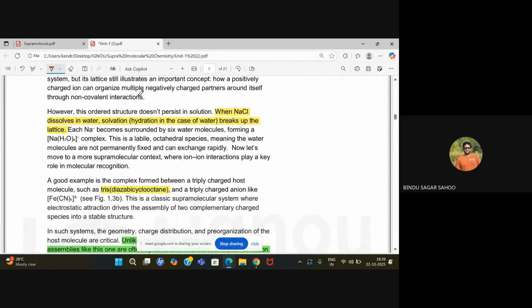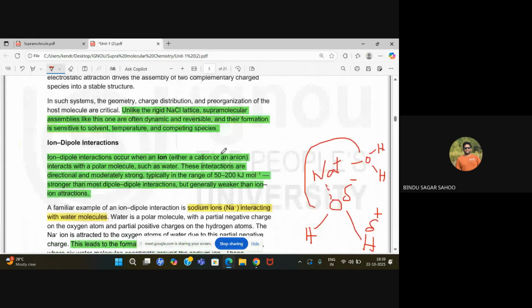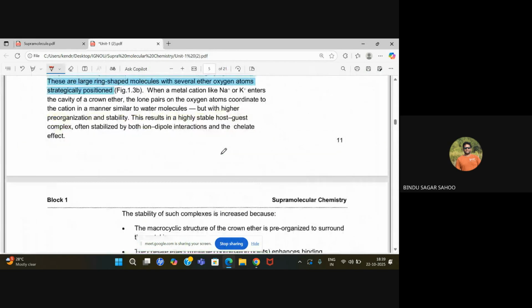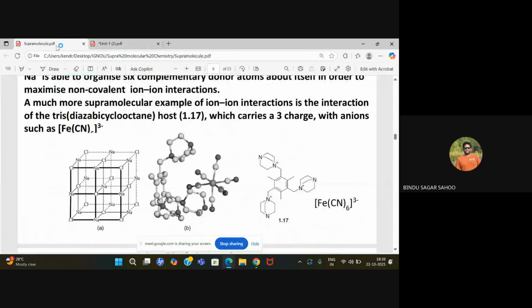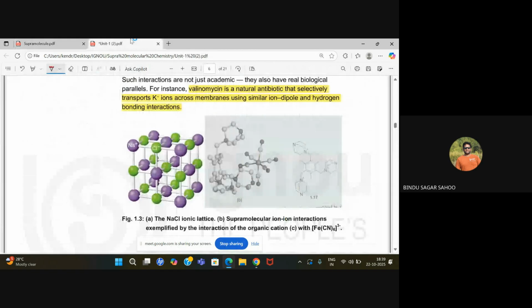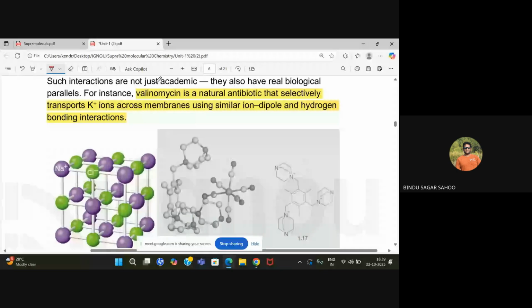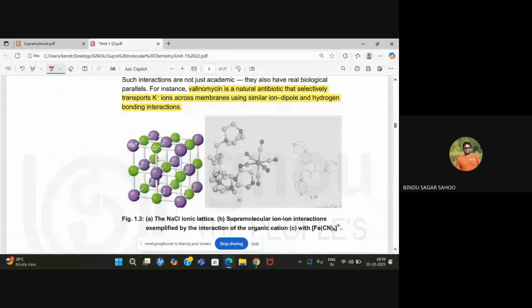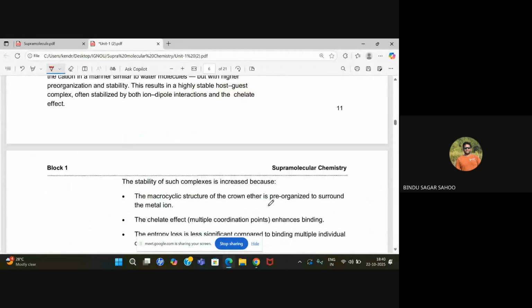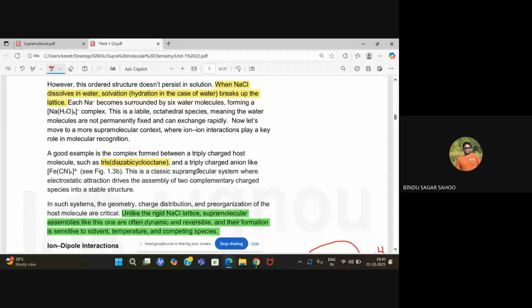In your book or study material, these types of pictures are present, and they are a little bit better. You can see these pictures in your study material, tris diaza bicyclooctane. Okay, so these are the examples of ion-ion interactions.